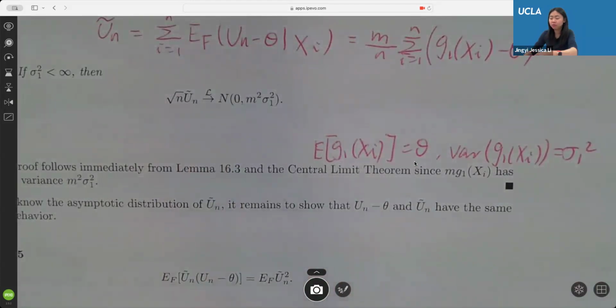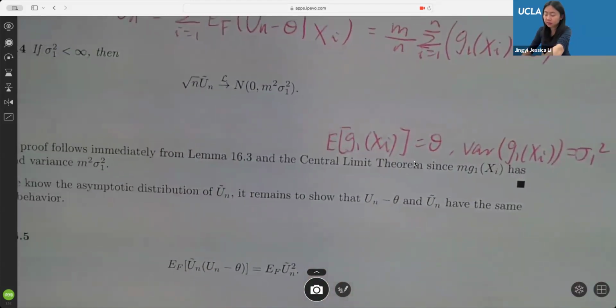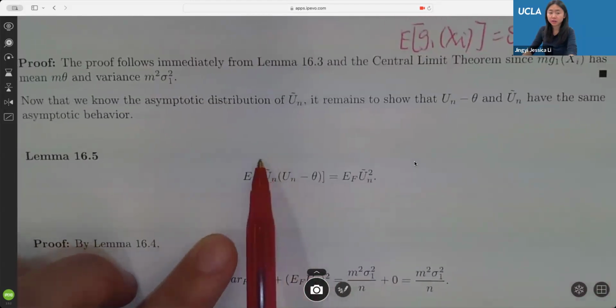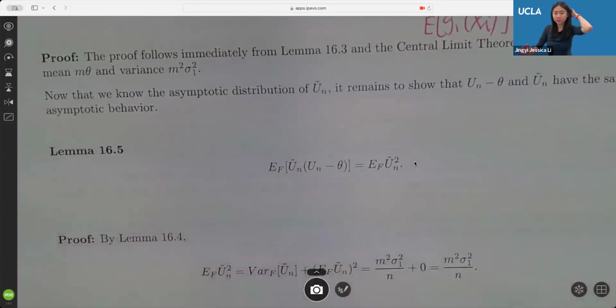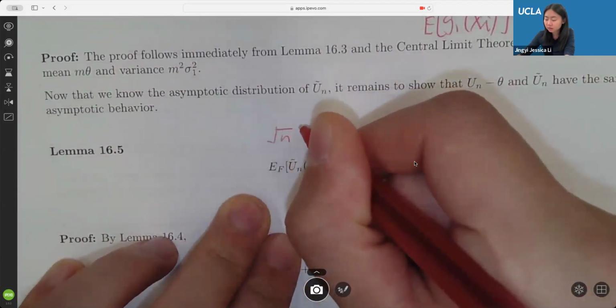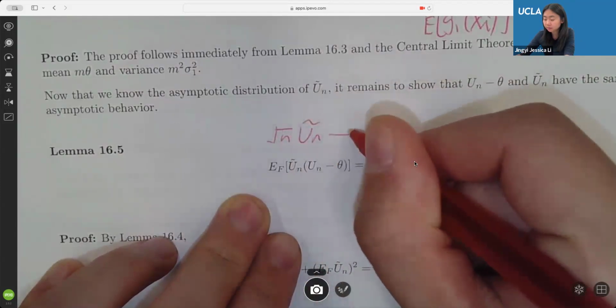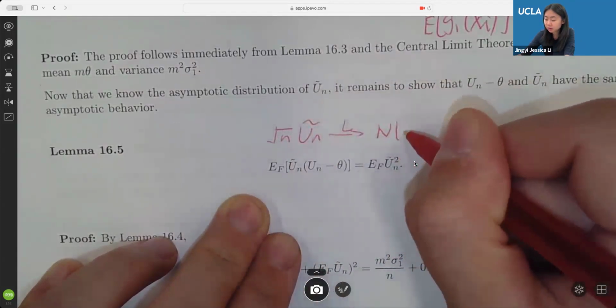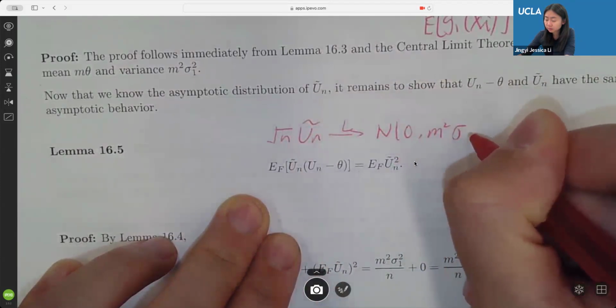And I will say that this part is trying to get basically the covariance of U_n tilde and U_n minus theta. So remember that we're trying to use the asymptotics of U_n tilde, right? So we already have that.